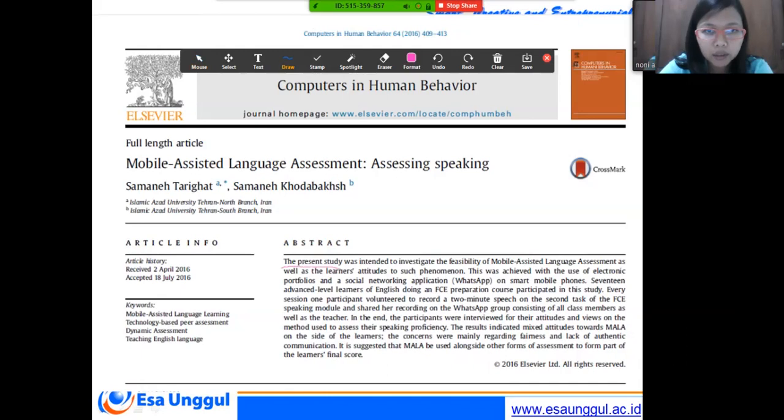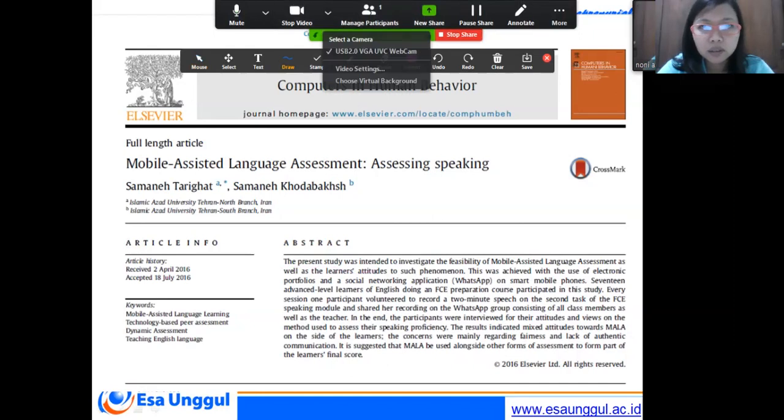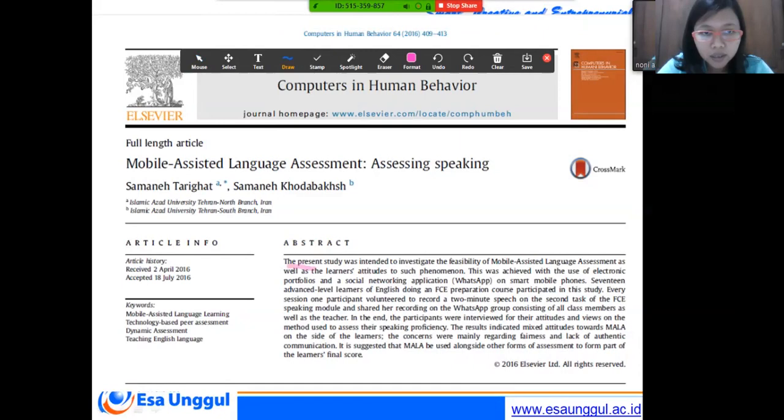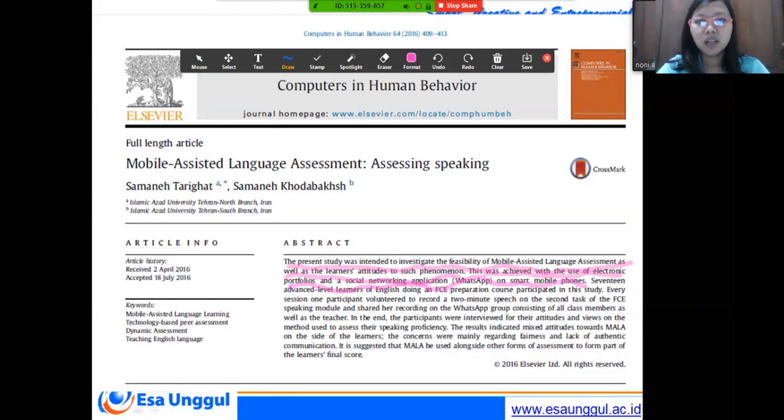Now we look at the first sentence. And then look at the second. I can share it with you because I already read the whole of the article. And then you also need to read the whole article.